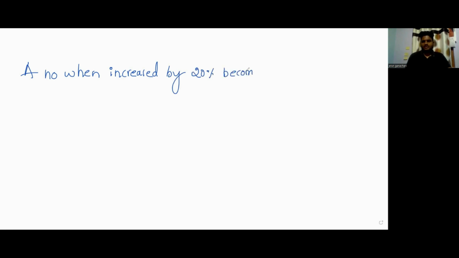A number when increased by 20% becomes 300. What is that number? Try to do it.